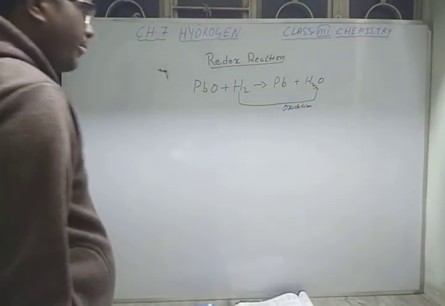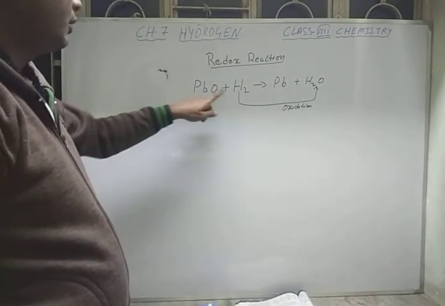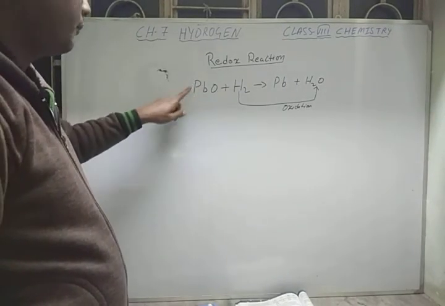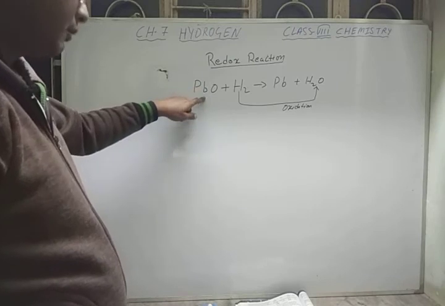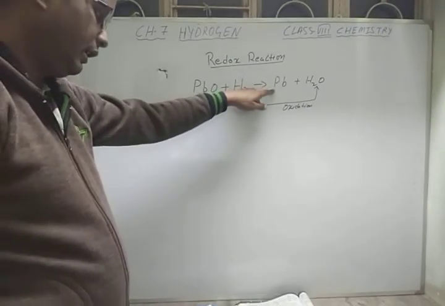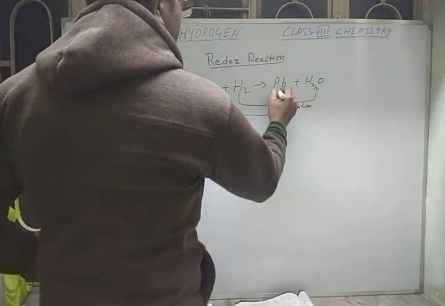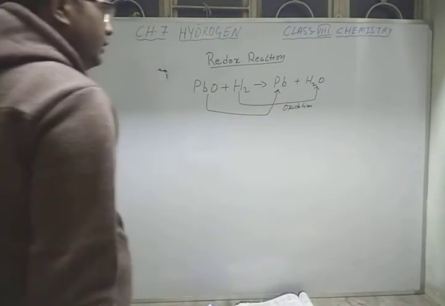Whereas again, hydrogen helps to remove oxygen from the lead oxide, so lead oxide changes to only lead.